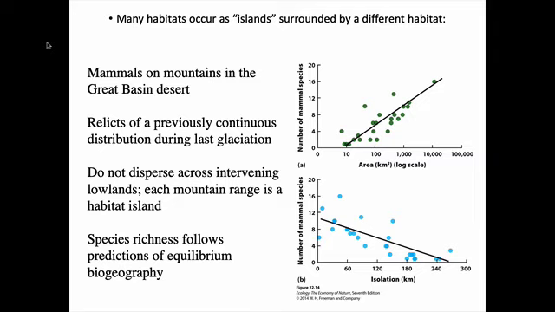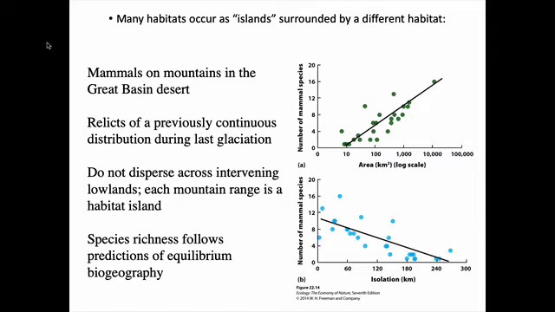So they were able to disperse all over the Great Basin during the Ice Age. They then got isolated on the mountaintops as the weather warmed, and they lost species in the smallest islands, and they were not able to recolonize in the smallest islands. So we're following the predictions exactly, even though it's not a true island.